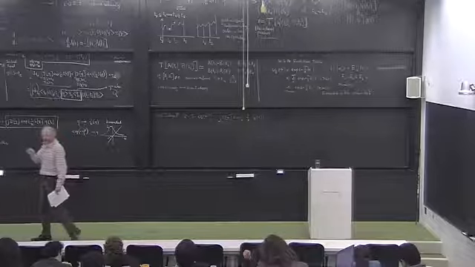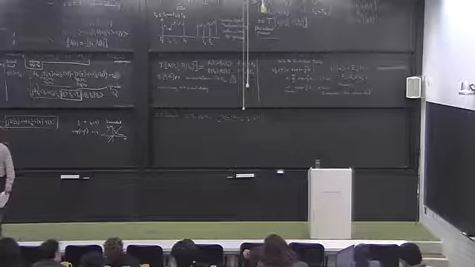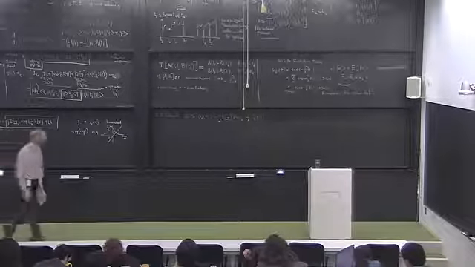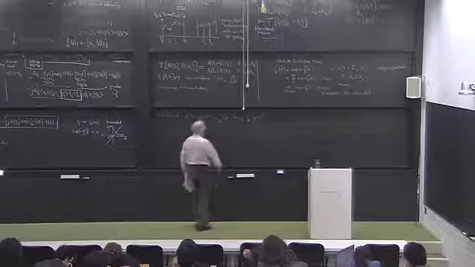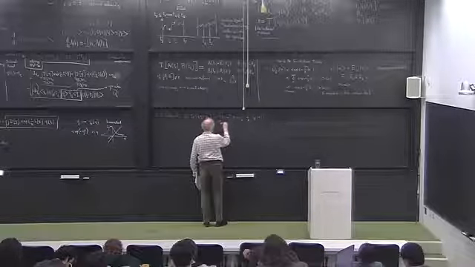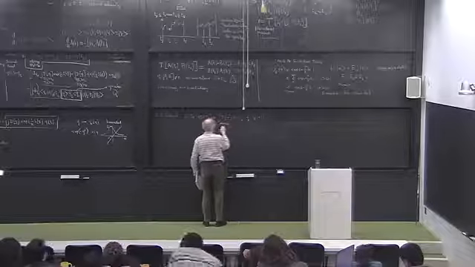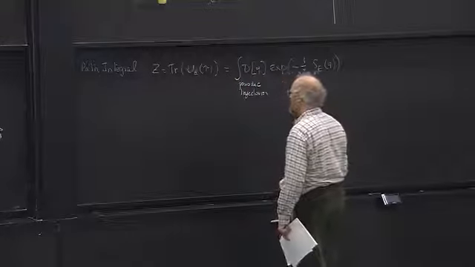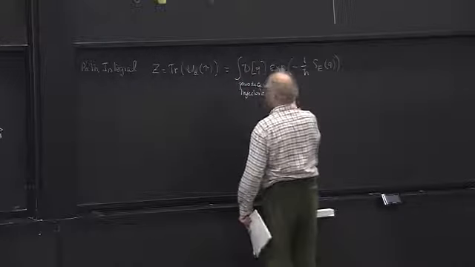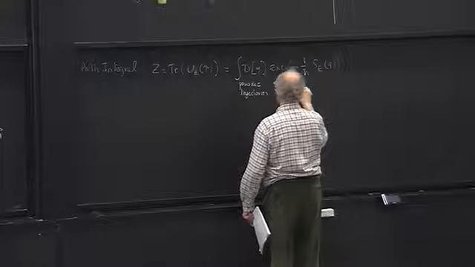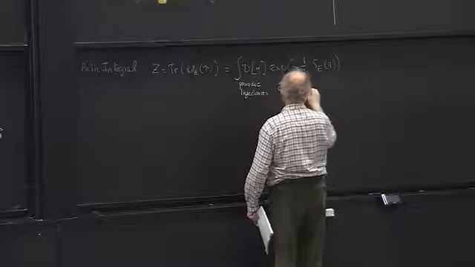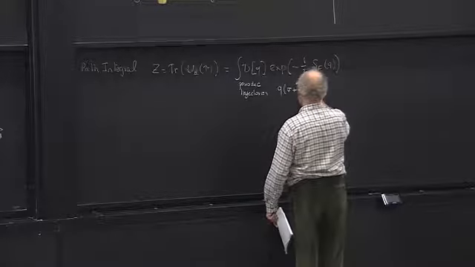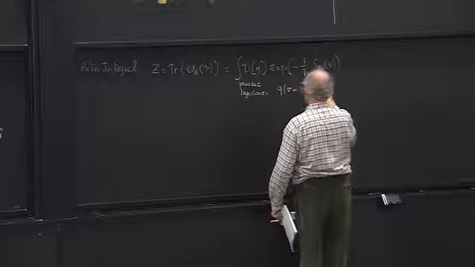So remember, the Euclidean action differs from the real-time action by a plus sign in front of V instead of a minus sign. But very importantly, it is over periodic trajectories in Euclidean time, such that q of sigma plus tau h bar, well, basically equals q of sigma.